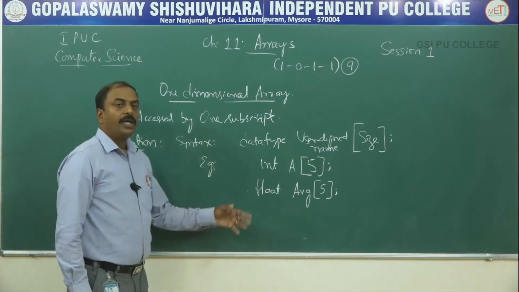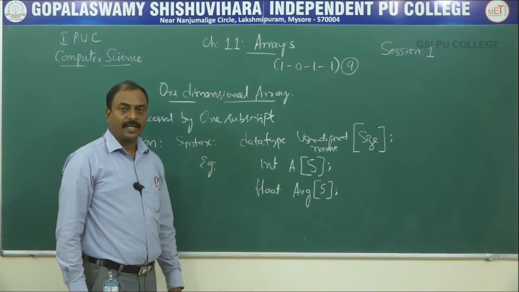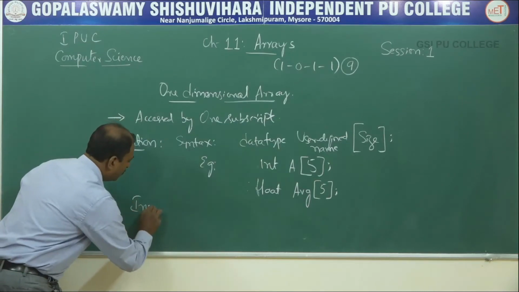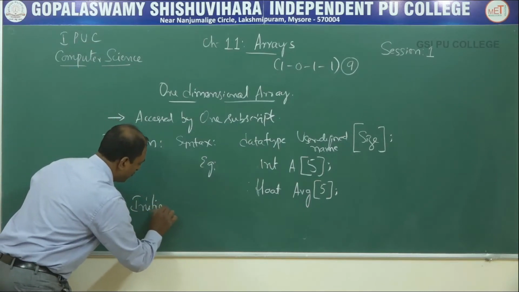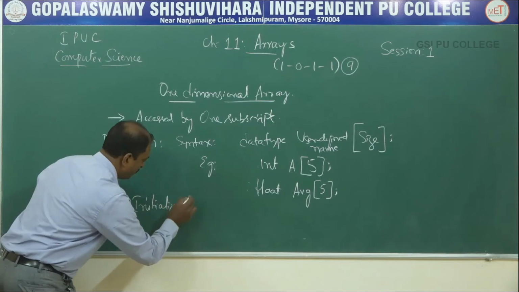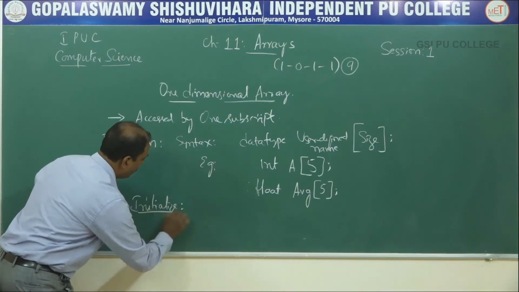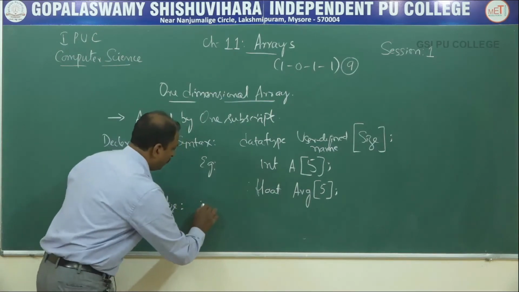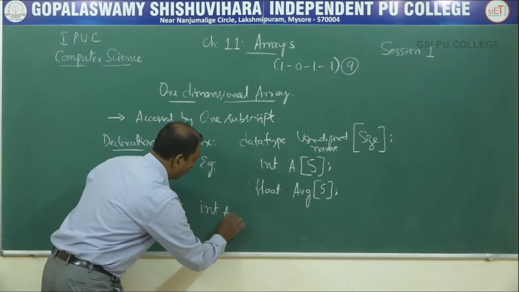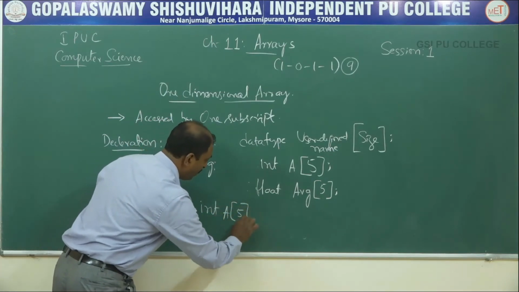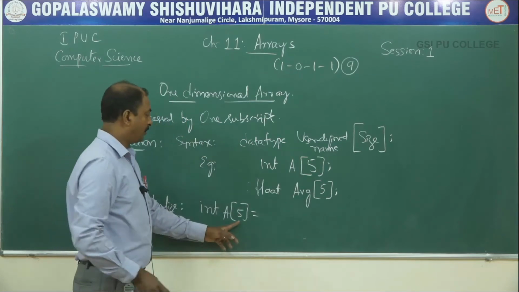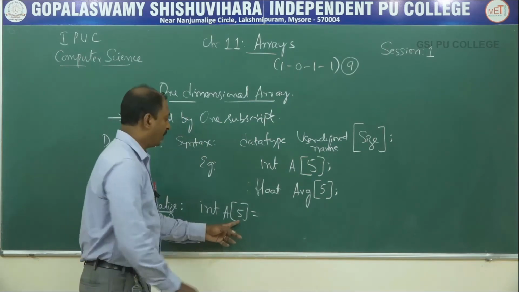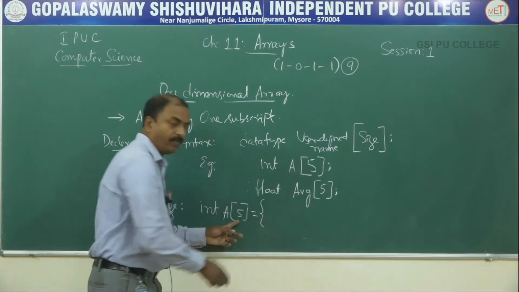Next we see how to initialize an array. For example, int a of 5 equals. The size is 5 here, so it can hold only 5 values.